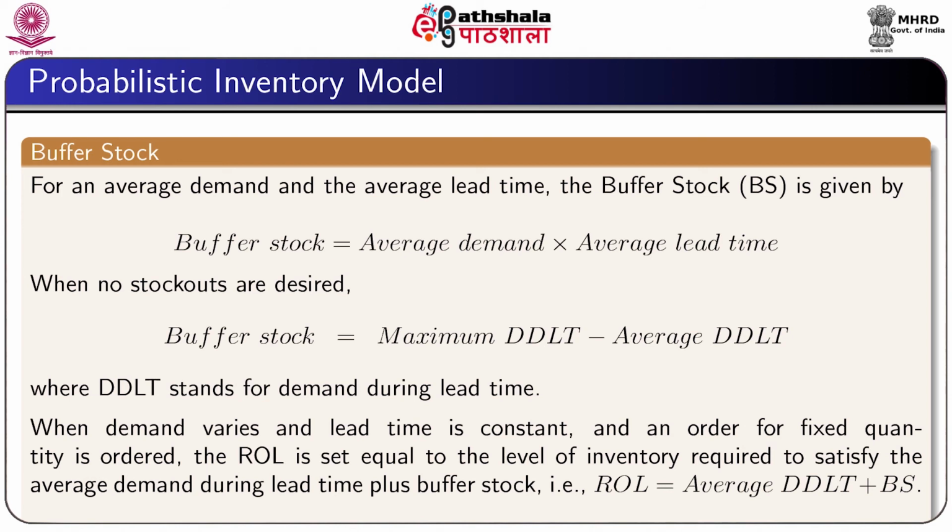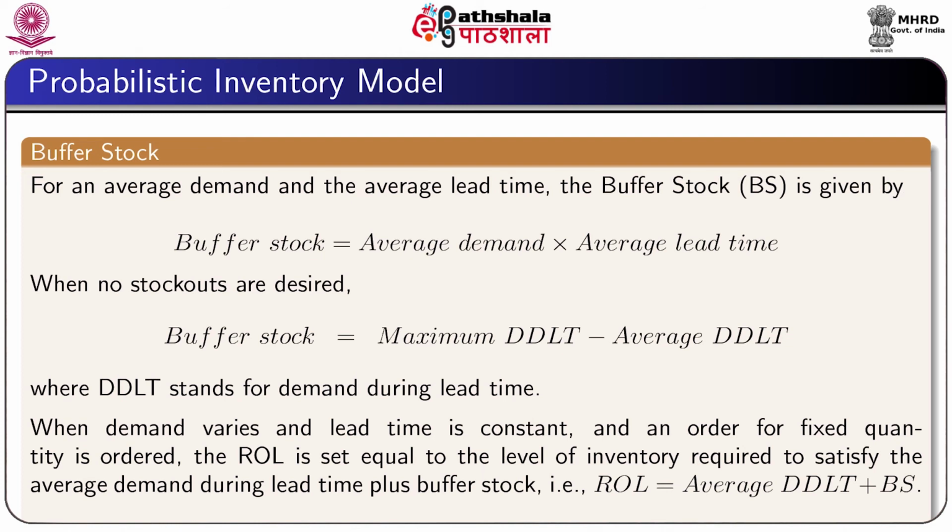For an average demand and average lead time, the buffer stock is given by buffer stock equal to average demand into average lead time. When no stock outs are desired, buffer stock can be defined as maximum demand during lead time minus average demand during lead time.